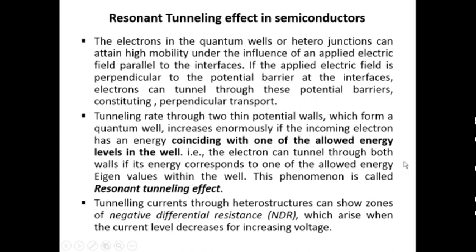This phenomenon is called the resonant tunneling effect. The tunneling currents through heterostructures can exhibit zones of negative differential resistance, which arises when the current level increases for decreasing voltage.